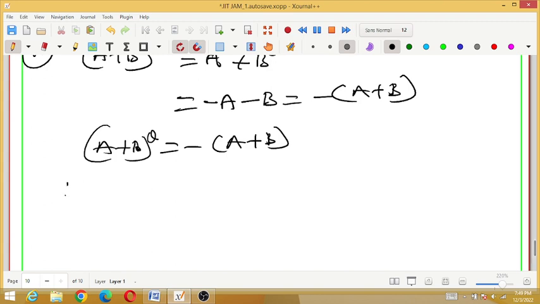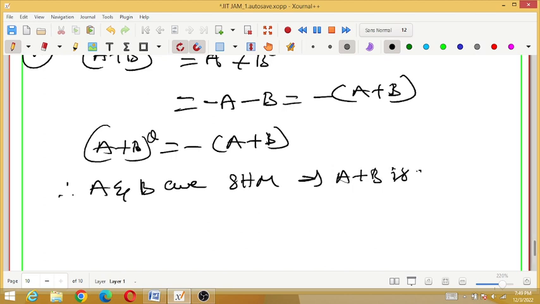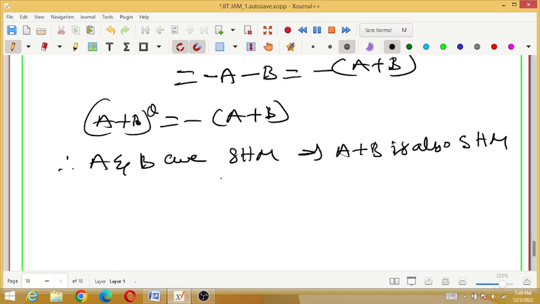Therefore A and B are SHM implies A plus B is also SHM. So if two matrices are skew Hermitian matrices, then their sum is also a skew Hermitian matrix. That is the property.